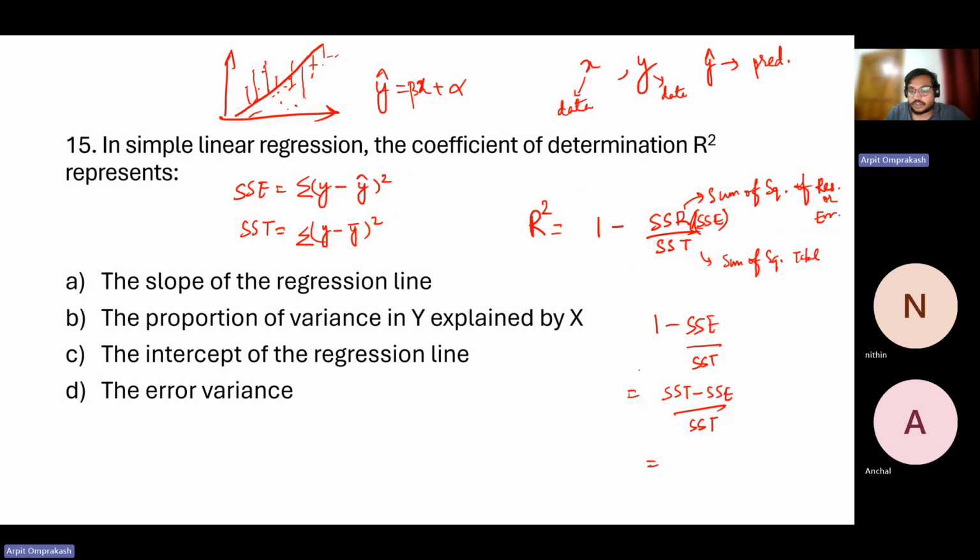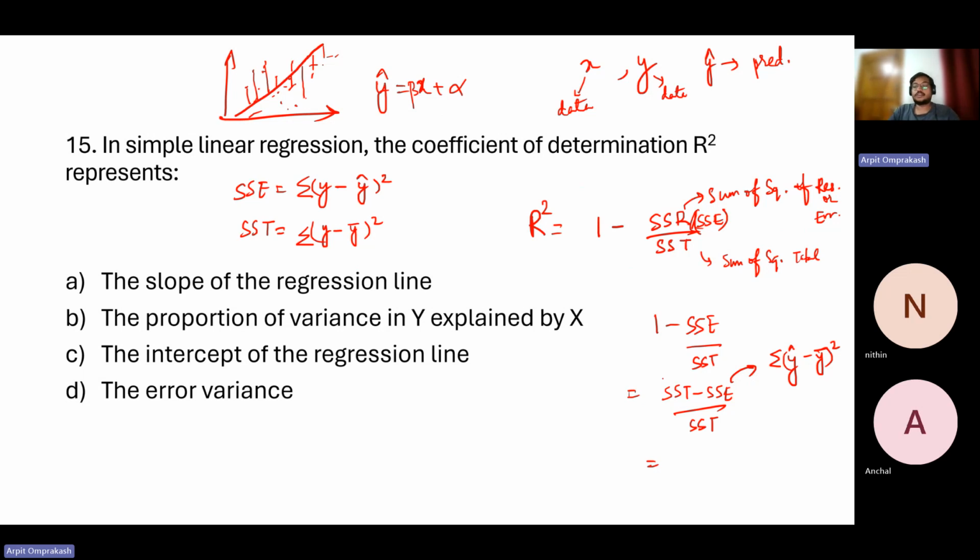Now whatever you are left with after you do this subtraction is a term which looks like the summation of y hat minus y bar, whole square. Right. So this is the deviation from the mean that is being predicted by your line. Do you get that?